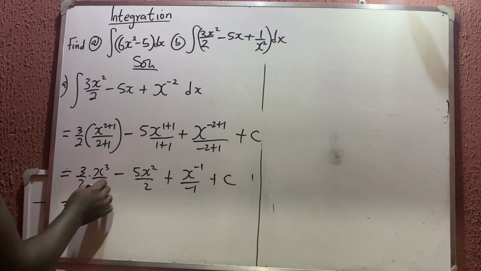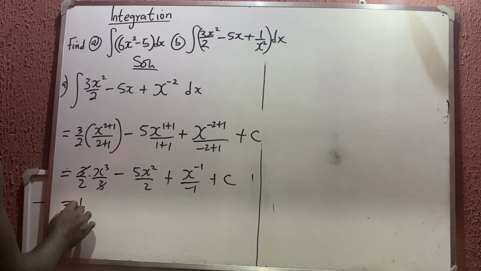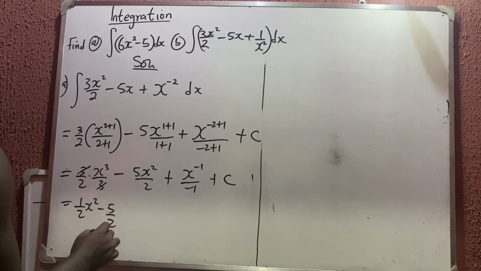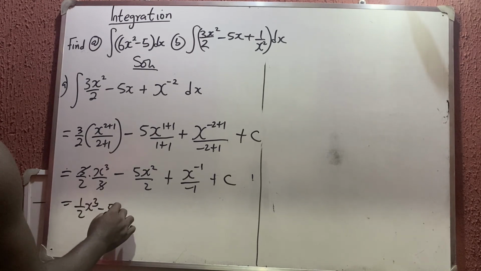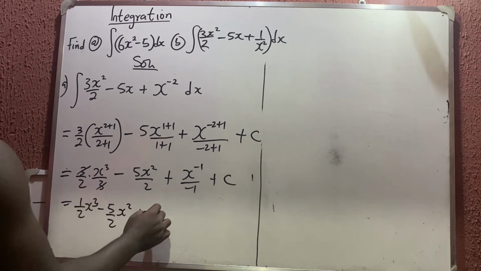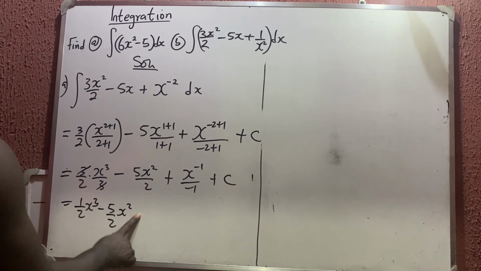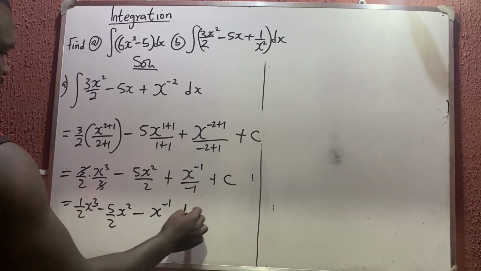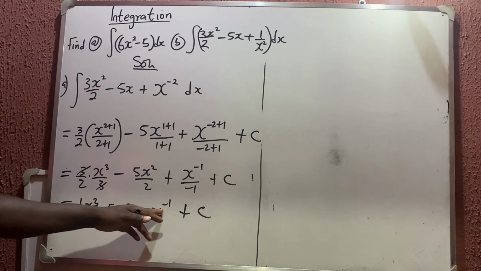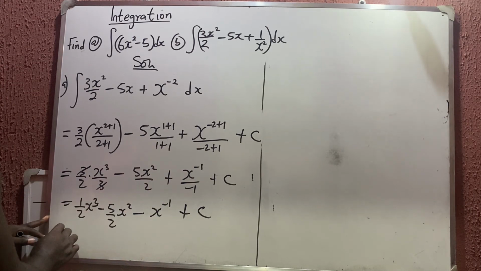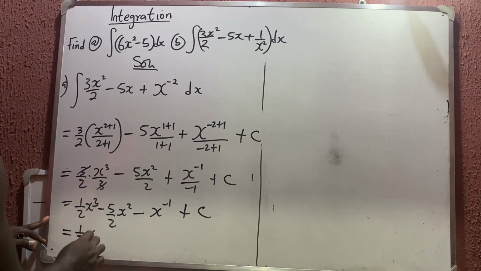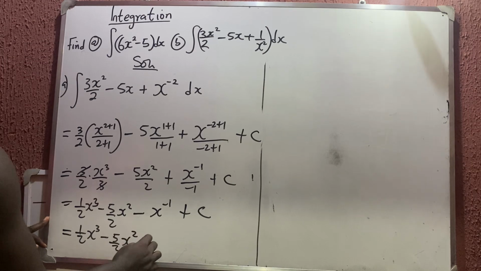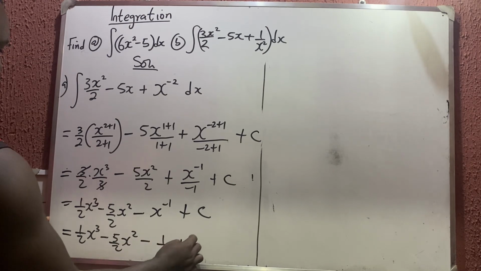So I'm simply having 1 over 2 x cubed, minus 5 over 2 x squared, then plus minus plus is minus, so minus x raised to power minus 1, plus a constant. Don't forget that x raised to power minus 1 simply means 1 over x. So this could be written as 1 over 2 x raised to power 3 minus 5 over 2 x raised to power 2 minus 1 over x, then plus a constant.